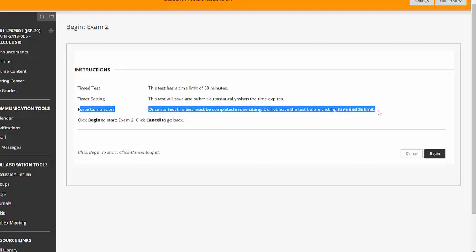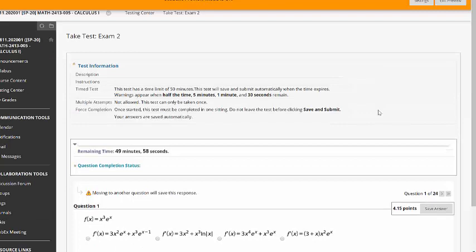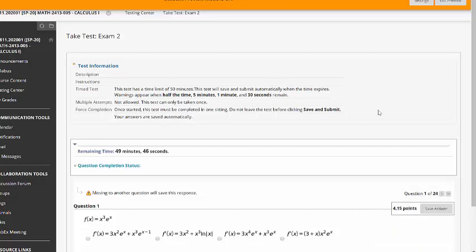I didn't really like how that was going, so for exam 3, forced completion will not be activated. The exam will submit automatically once time expires, but if you exit out of the browser, it's not going to end the exam.